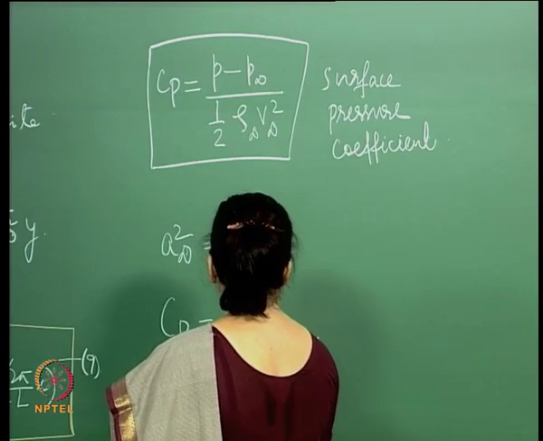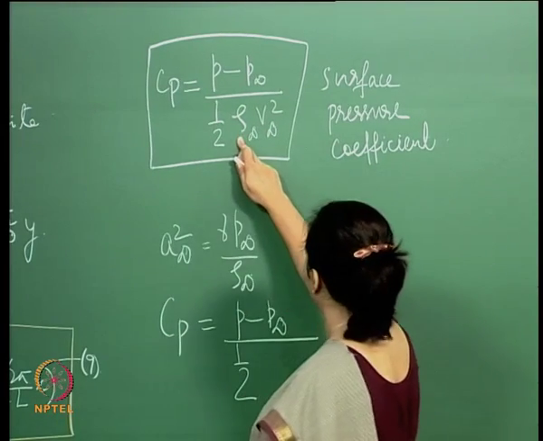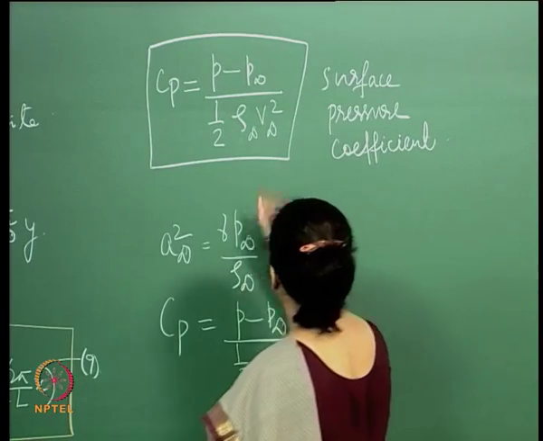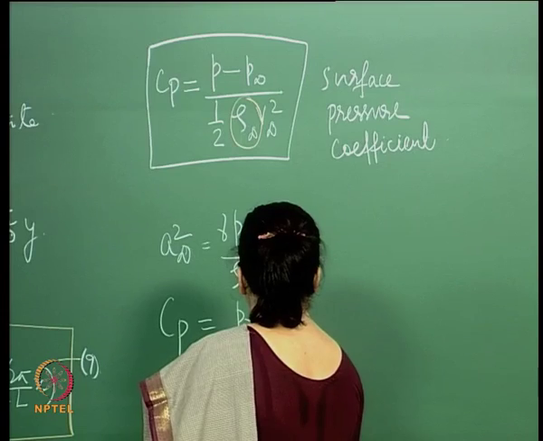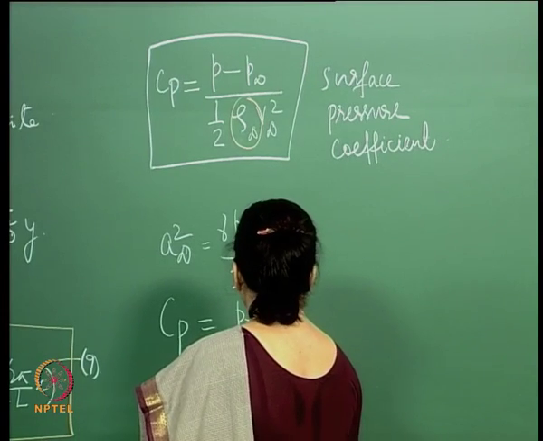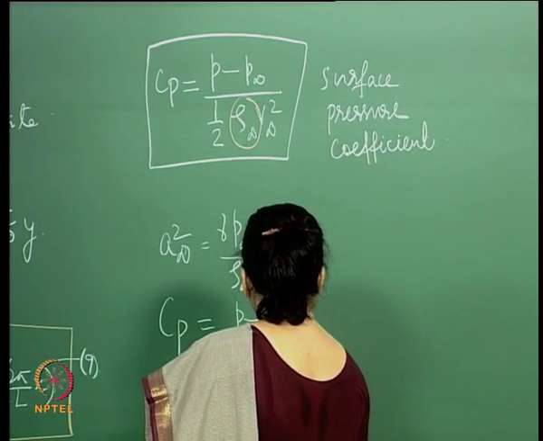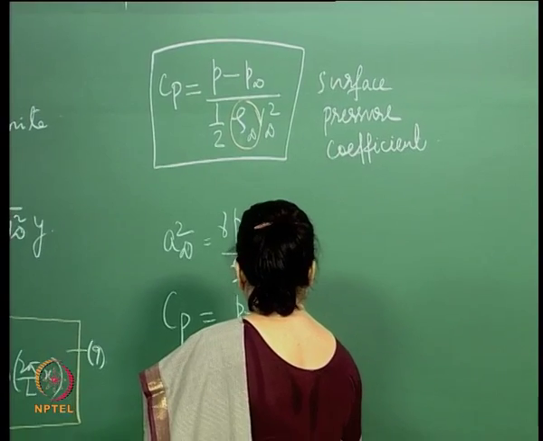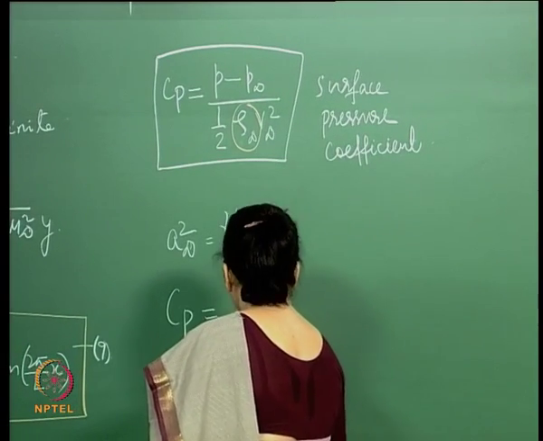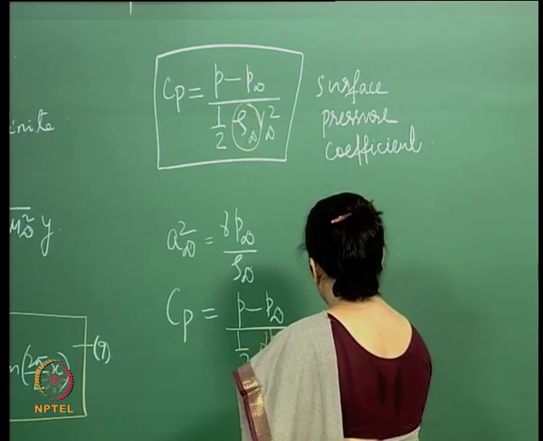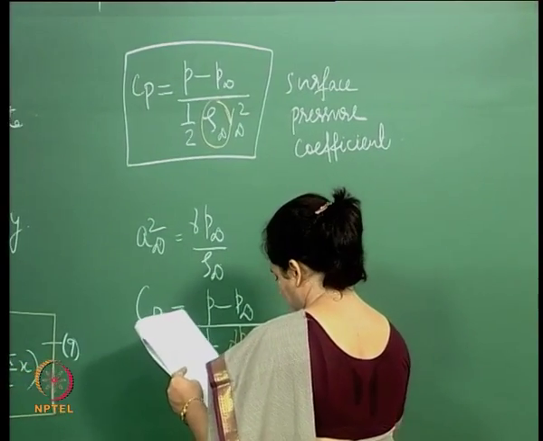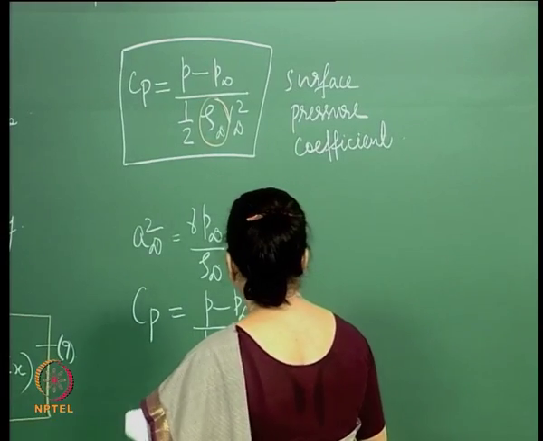So, what I am going to do is take half rho infinity, and this rho infinity I am going to write in terms of, right, and, right.